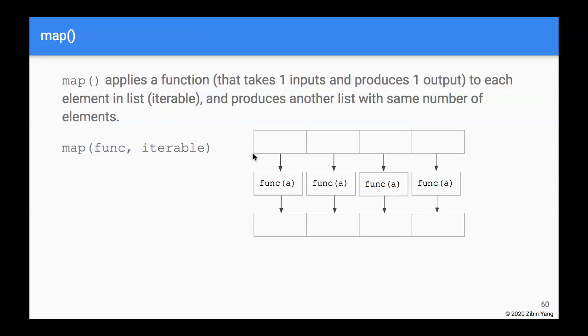So basically, the map function will produce an output list that has the same number of elements as the input list, with each element transformed by the function.